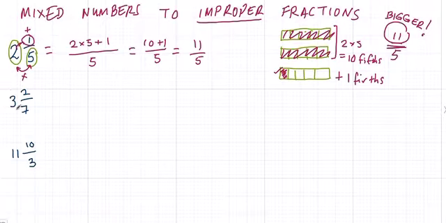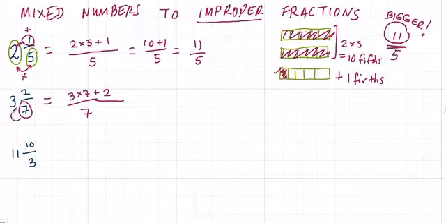So let's try that again with this one. We know we're dealing with sevenths, so our answer is going to be sevenths. We've got 3 wholes and 2 sevenths. So we're going to need to do the whole numbers times the sevenths. We have 3 wholes and they're all divided in 7, so we have 21 sevenths altogether, plus this extra 2.